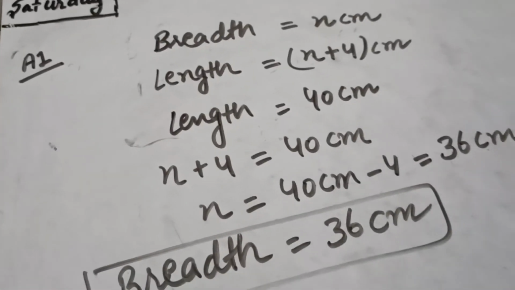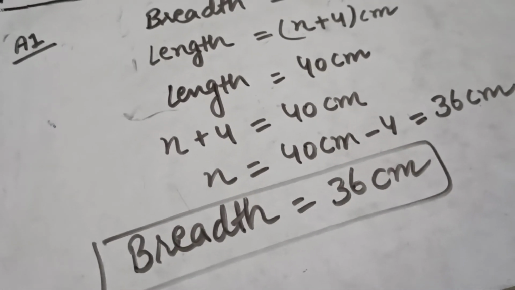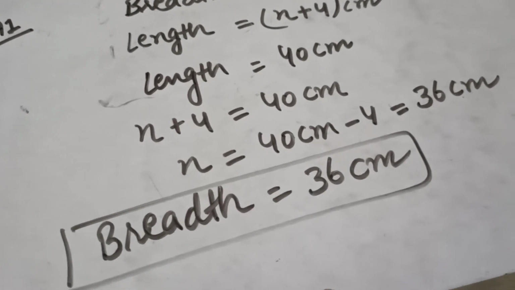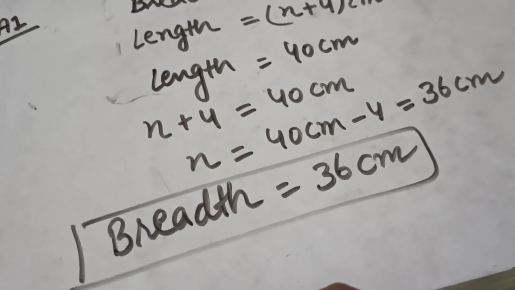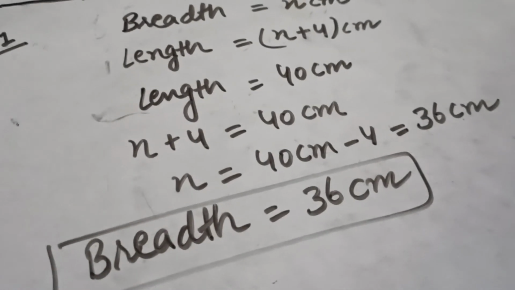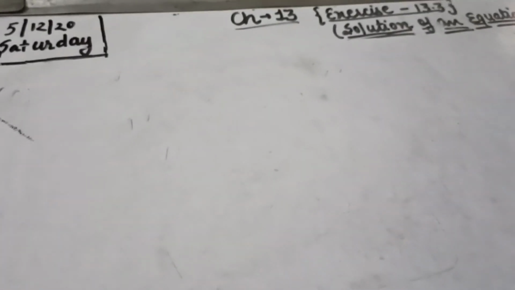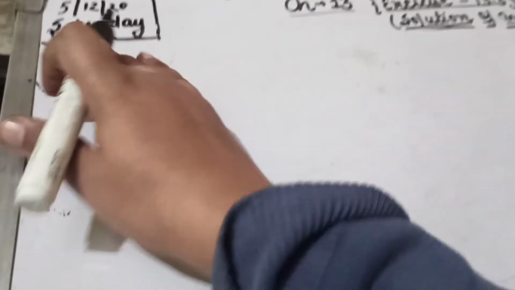Now come to the next, A2. Rahul is 6 years older than his sister. If Rahul is 15 years old, so here we will take her sister's age as x.